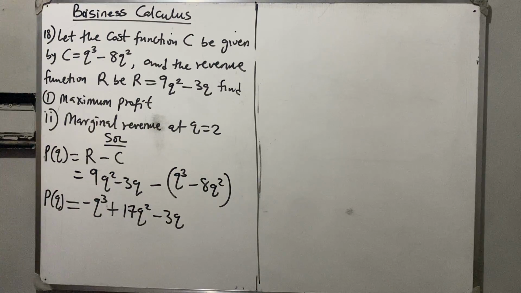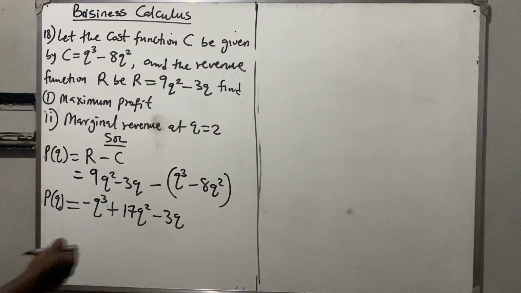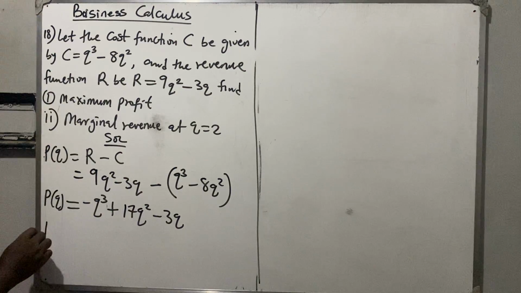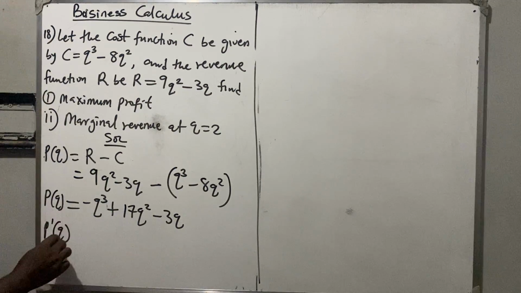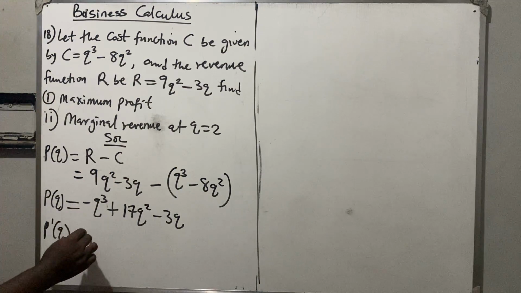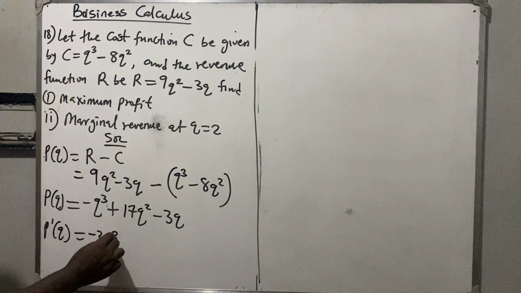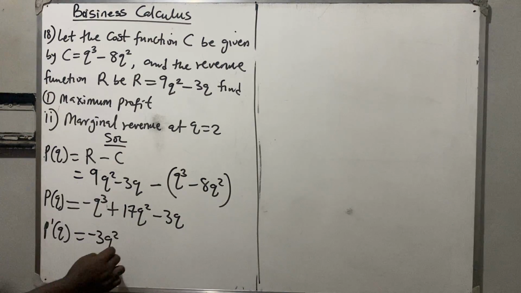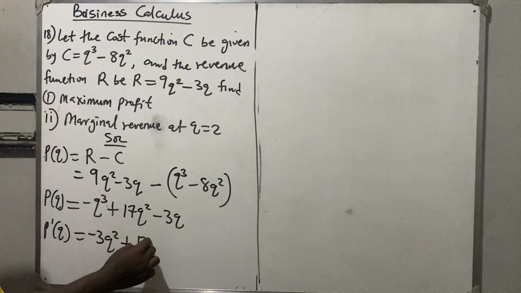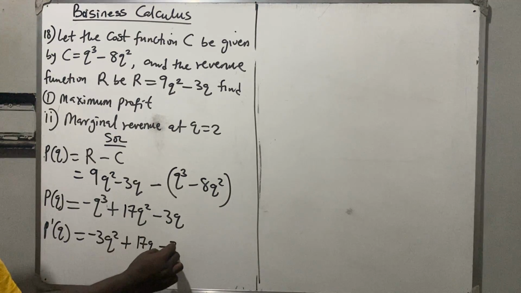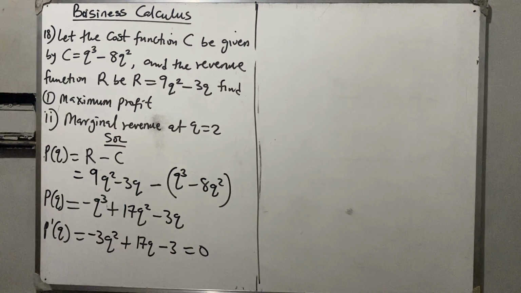For us to get the maximum profit, the same method, you need to get the critical point. From the critical point, you check which one will be minimum or maximum. So to get the critical point, P prime of Q will be, differentiating this, minus 3Q squared, multiplying by the power and reducing the power, plus 17Q, then minus 3, and then the first derivative is equal to 0.